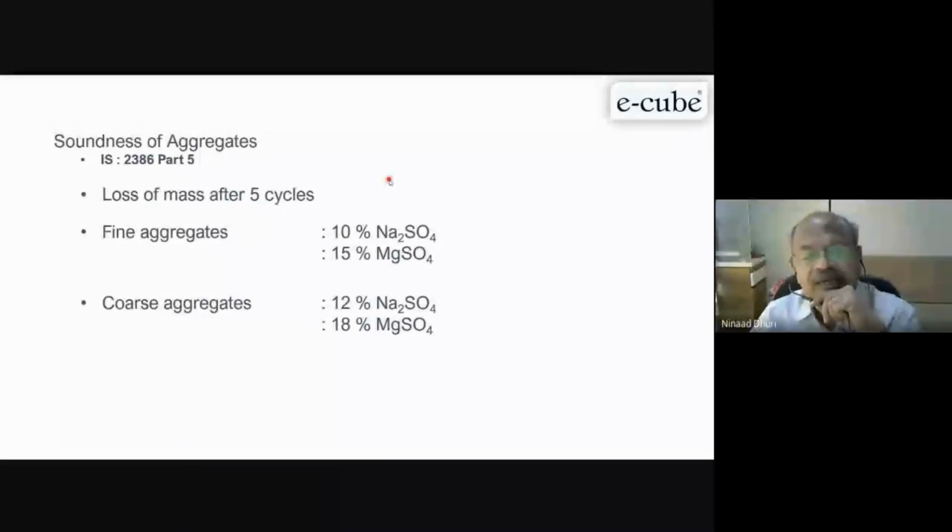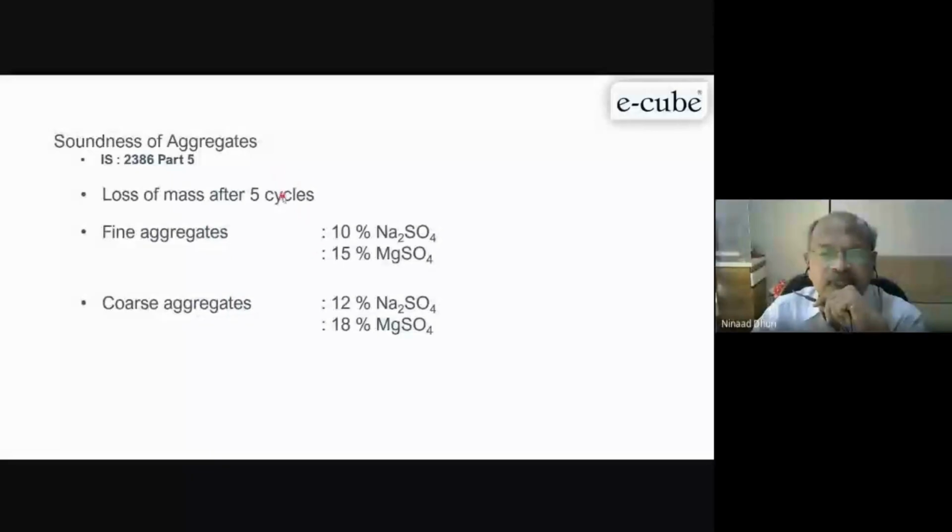So in that fashion, when it goes through a number of cycles, you'll find your concrete, your aggregate itself, is disintegrating. To simulate that phenomenon, they have designed a test called soundness of aggregate.